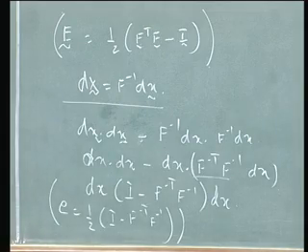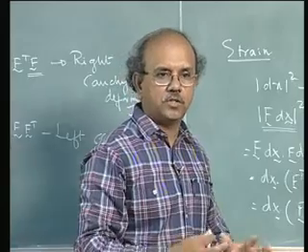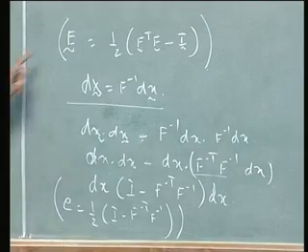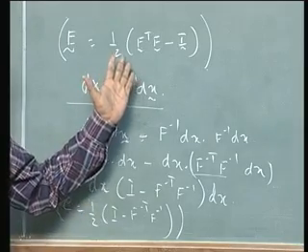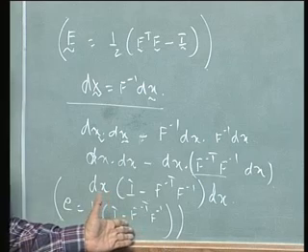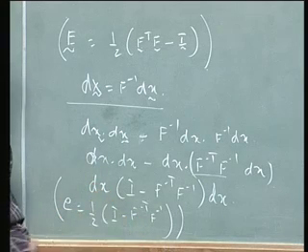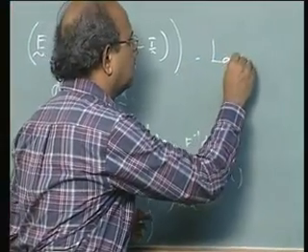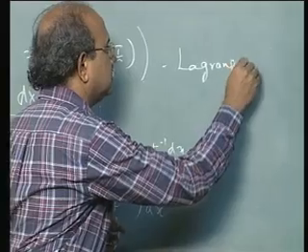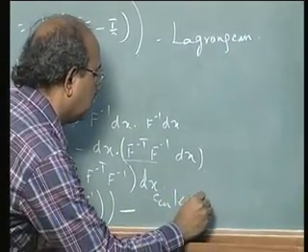You see that the first equation, the Green or Cauchy-Green strain tensor E, is defined with respect to the Lagrangian frame of reference, and this Almansi strain tensor is defined in terms of the current coordinates, or Eulerian coordinates. So this is Lagrangian and this is Eulerian.